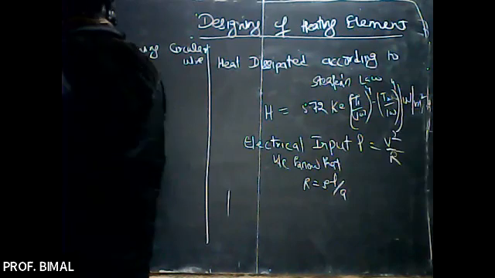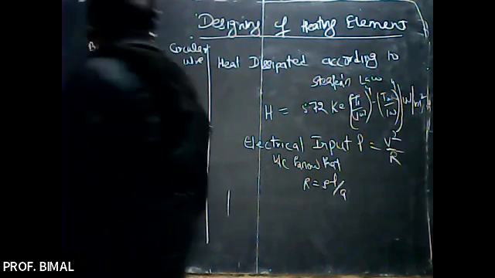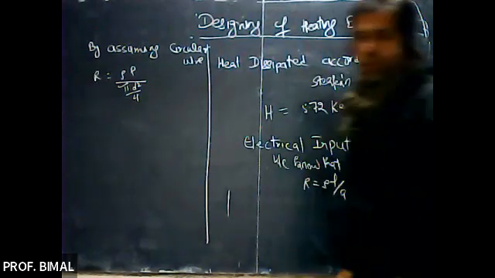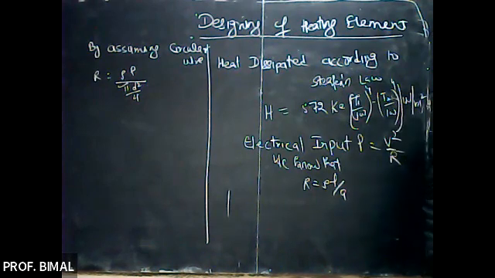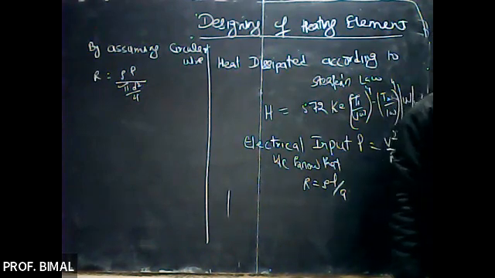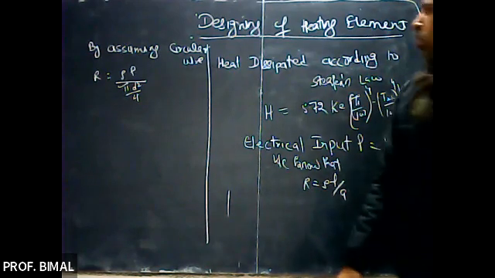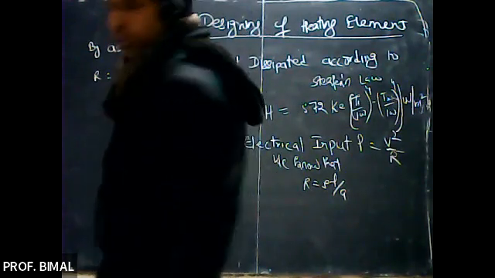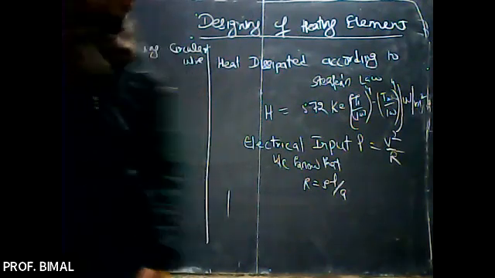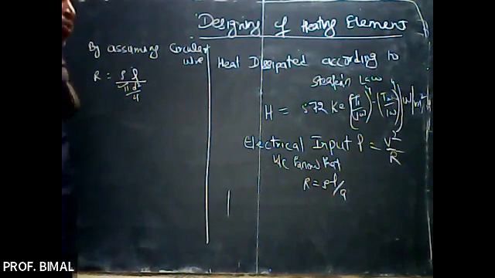Your equation for R will become R = rho L / (pi d^2/4), right? Here d is the diameter, L is the length, and rho is the resistivity of the material, right?